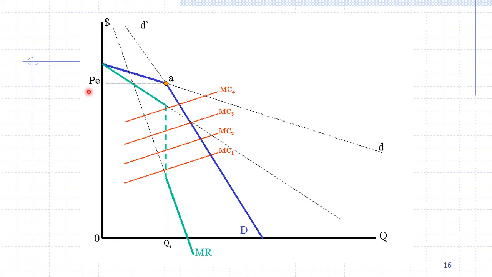So the kinked demand curve is this. This is the demand curve. A normal demand curve will be like this, a negatively sloped straight line. But this line has a kink from this area.